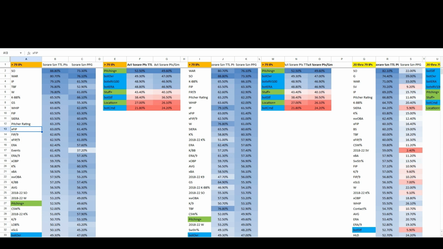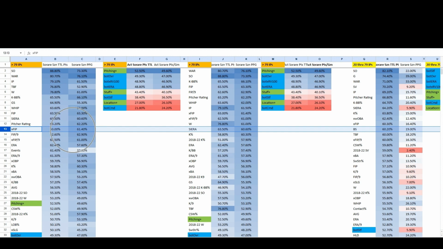But if the box score stats, let's say the Sorare MLB points, are really high for that pitcher, but his xFIP is low, well, I'm selling high. And as a side note, xFIP, unsurprisingly and as expected, is one of the higher metrics on my list to look for in terms of pitchers.